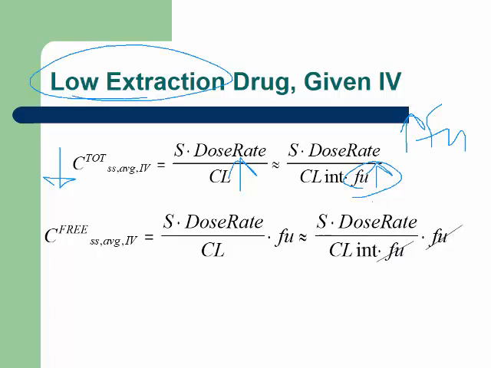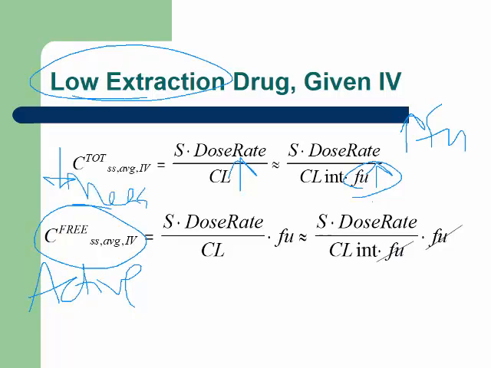All right. We want to compare that then to our free concentration. Why? Because the free concentration is the active concentration. So this is what we measure. This is what comes back from the lab, but this is the active form, isn't it? So how do we go from our total? Here's our total concentration.